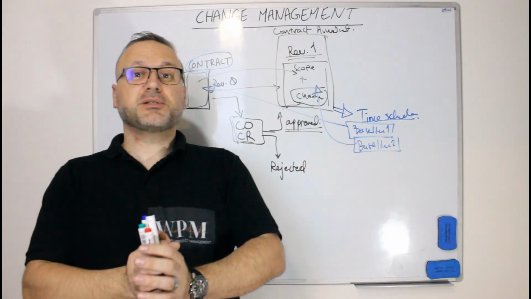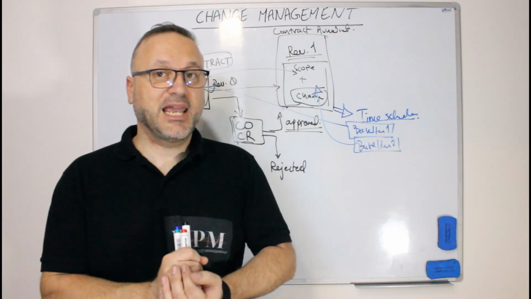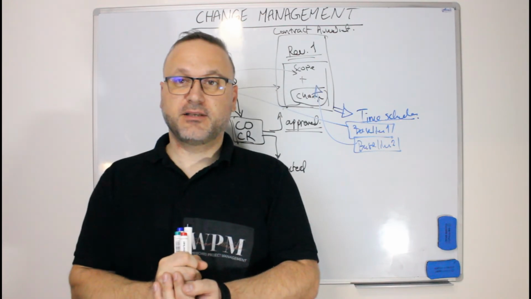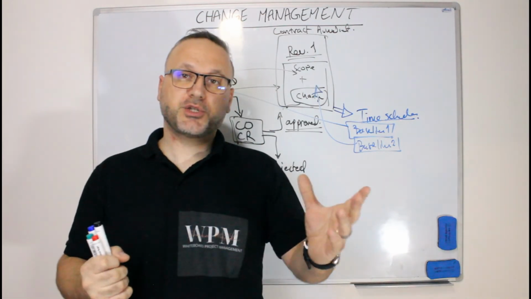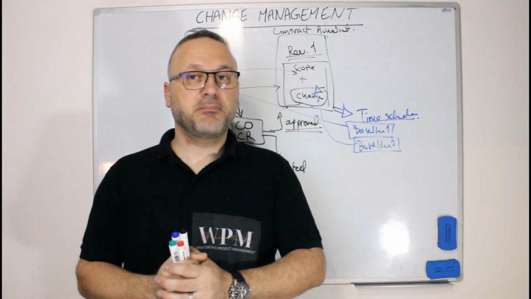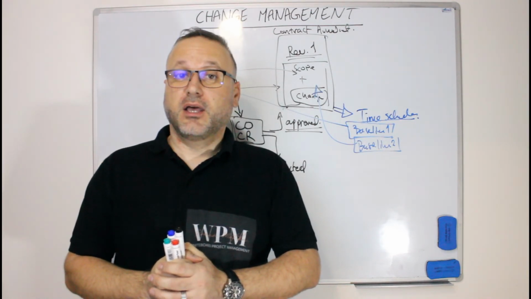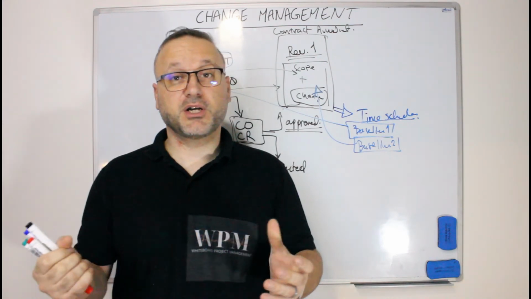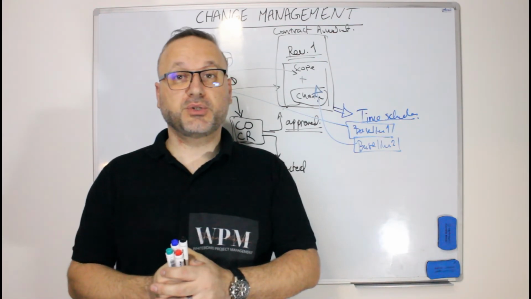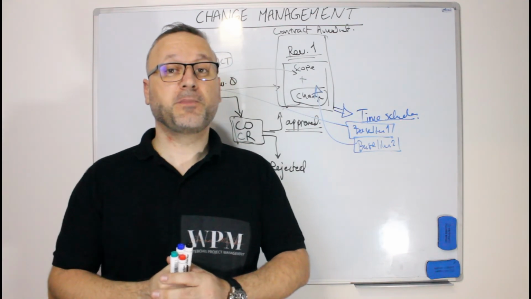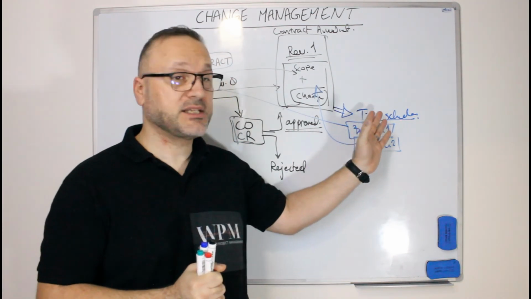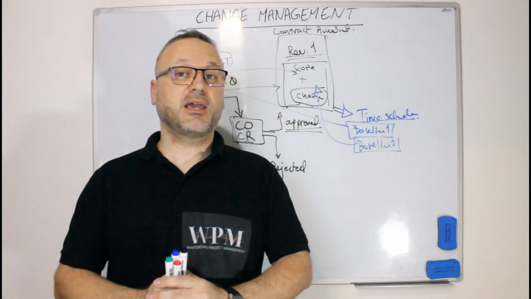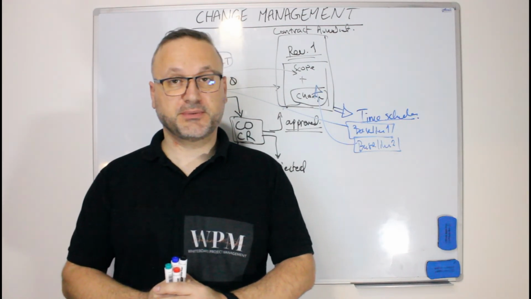Now, some changes could be approved and not need an amendment. Those changes, like changing a key person in the project, so you are changing the main project manager, or the main project engineer, or such, or changes which have no impacts on the project deliverables and agreed time, quality and cost.